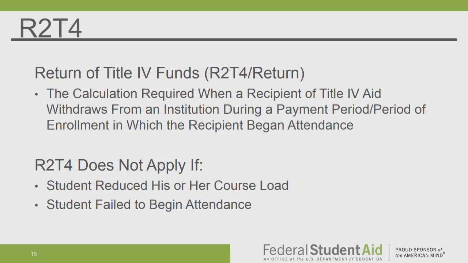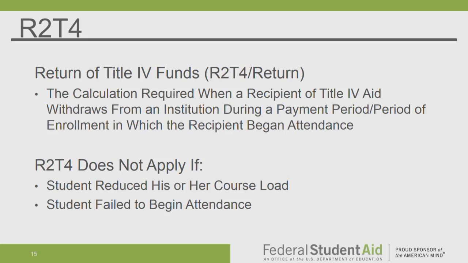For your student who failed to begin attendance, these are your students that you commonly call no-shows. They have not established eligibility for the funds for the payment period or period of enrollment. Therefore, if you disburse Title IV funds for these students, for the period, you need to refund it all within 30 days.